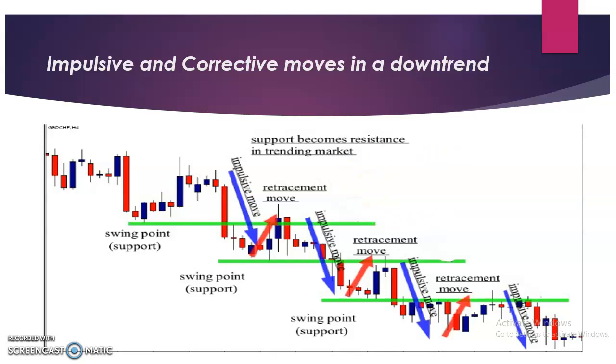So a retracement does not actually break the point that produced the impulsive move. You understand? The retracement does not break through the resistance point that produced the impulsive move.